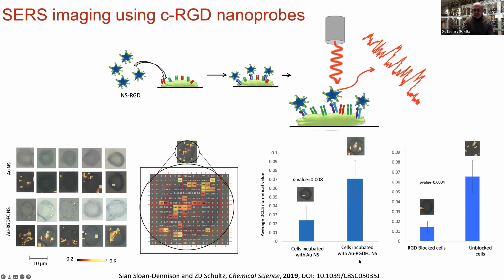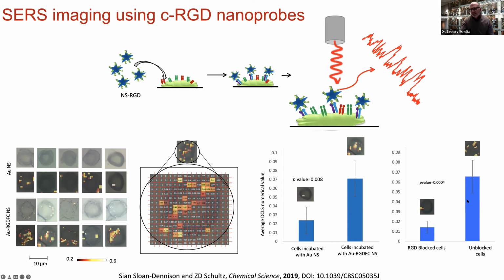And so for the RGDFC nanostars, we see a much higher binding, a higher correlation coefficient, than if you do the same experiment with just bare nanostars that don't have any peptide on them. Conversely, if you were to block the RGD receptors using RGD peptide in solution and then try to do this, you also don't see any nanostars binding.